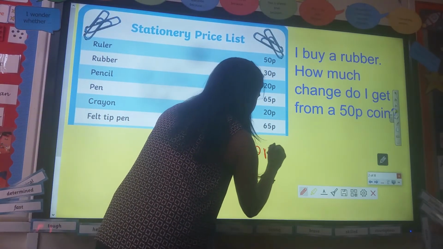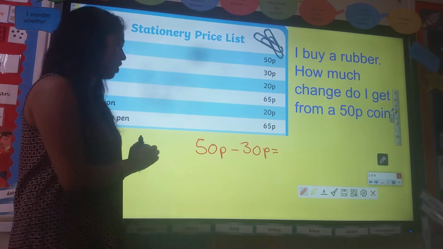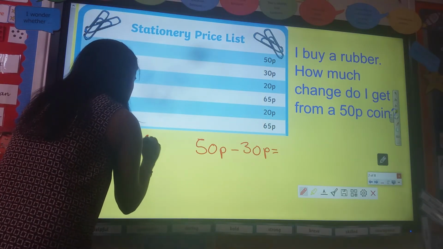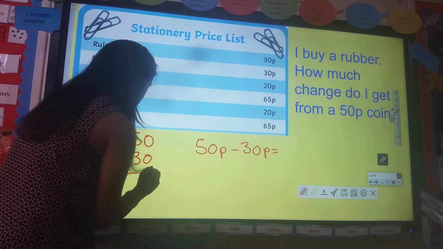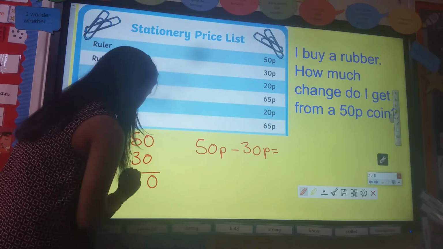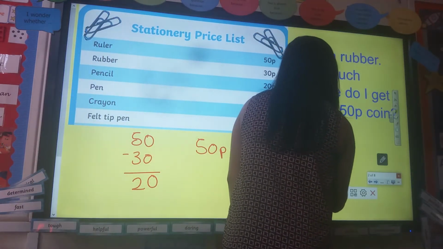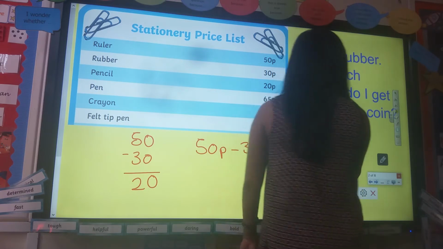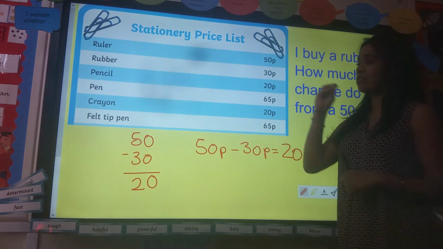Okay, so this is my number sentence. 50p take away 30p, and using column subtraction, 0 minus 0 is 0, 5 minus 3 is 2. So my answer is going to be 20p. So when I'm thinking about calculating the change, I need to be thinking about subtraction.